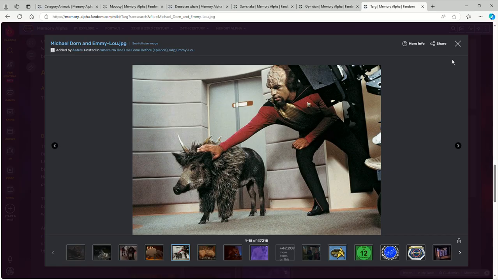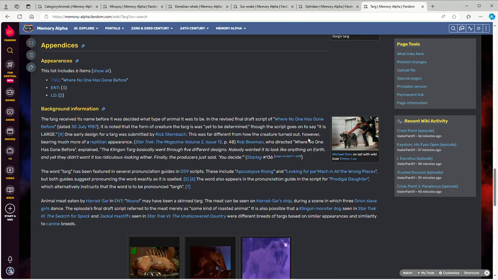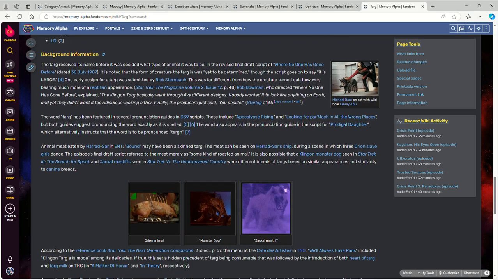Anyways, though, the Jackal Mastiff is another interesting thing here because they literally never tell us what exactly it is, because it's literally just there as an alien dog being kept by some.